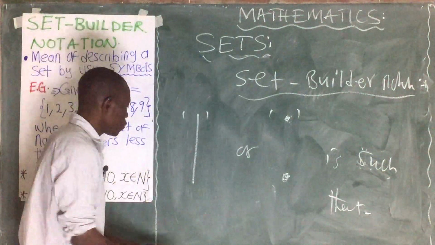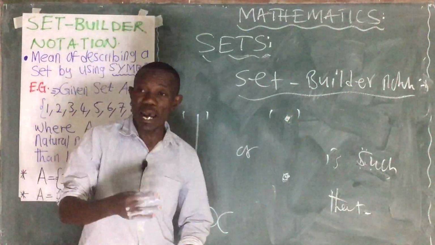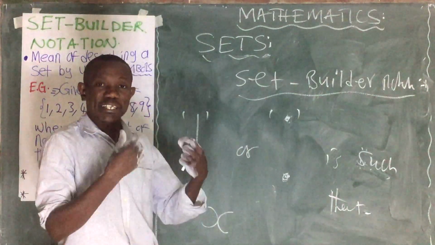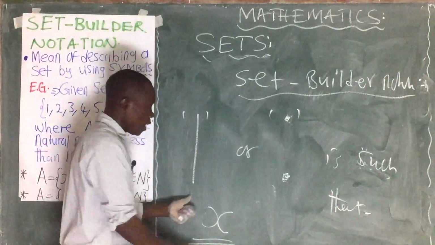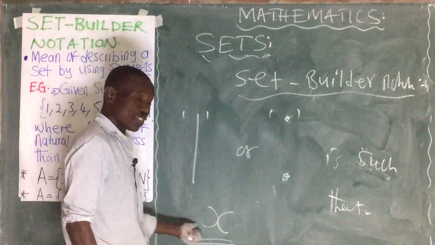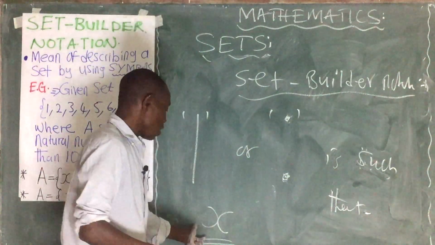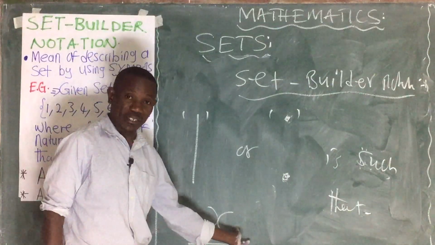For example, you can choose X. Like there we're talking of the days of the week. Instead of saying Monday, Tuesday, Wednesday, Thursday, and Friday, you just say let X be a day within a week. So each time we talk of X in our discussion here, we understand that X represents what? A day in a week. It is a description that is defining a particular element as such.